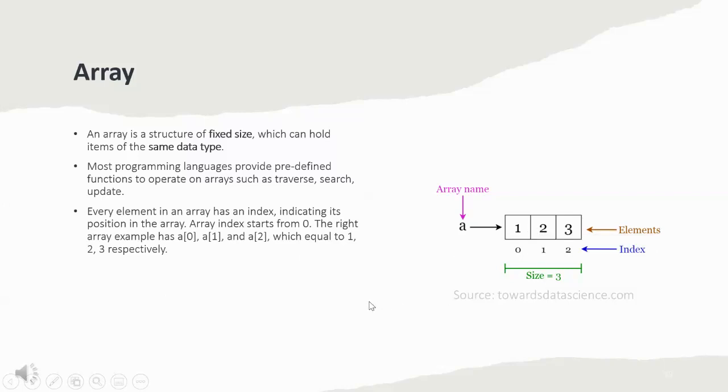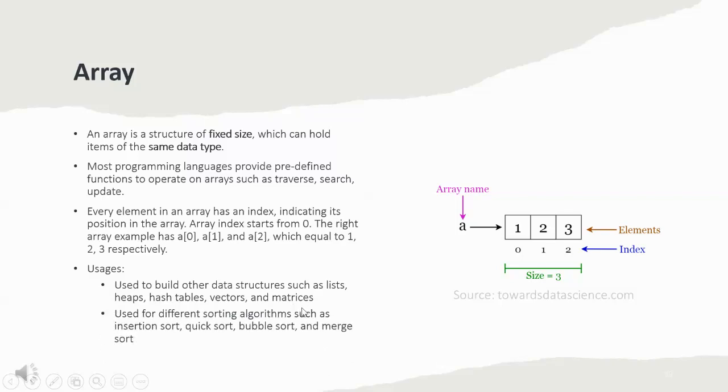Arrays can be used to build other data structures such as lists, heaps, hash tables, vectors, and matrices, and can be used for different sorting algorithms such as insertion sort, quick sort, bubble sort, and merge sort.